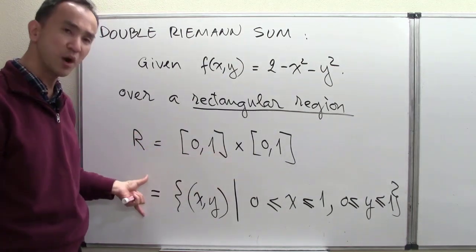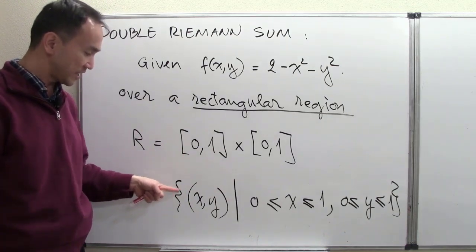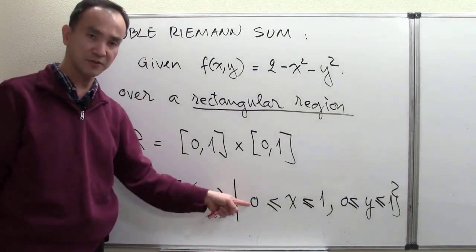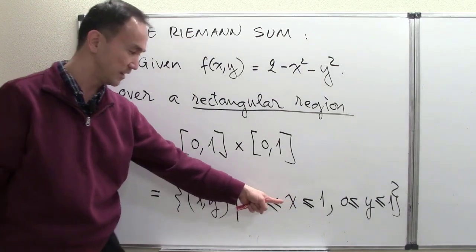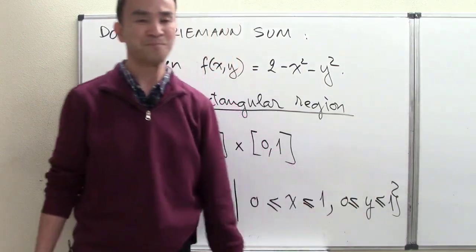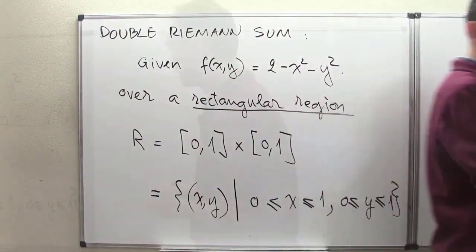What we understand from it is that it's the set of all x comma y satisfying that x is anywhere from 0 to 1, and the same with y anywhere from 0 to 1. Okay?